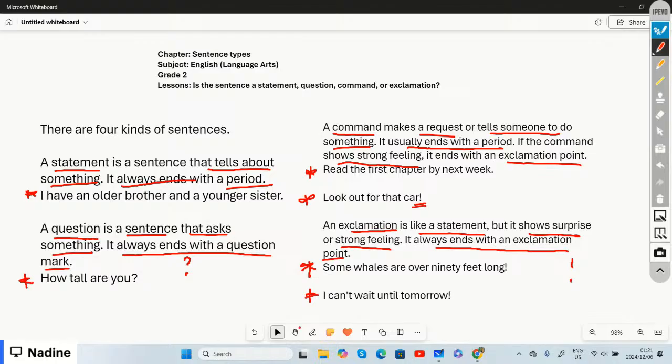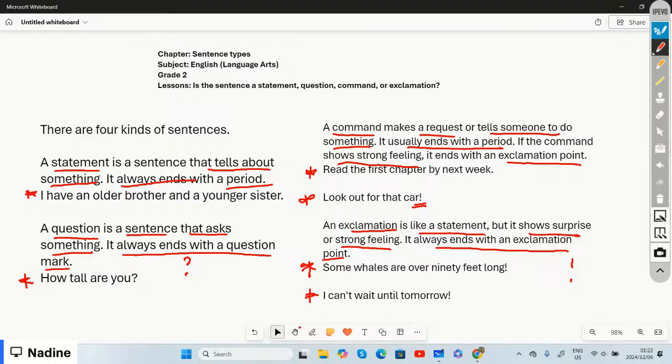So these are our four kinds of sentences. We said we have a statement, and a statement is a sentence that tells us about something, and it always ends with a period. Then we have a question, and a question is a sentence that asks something and it ends with a question mark.